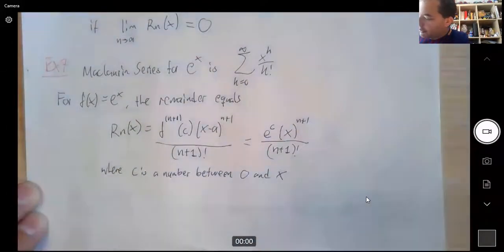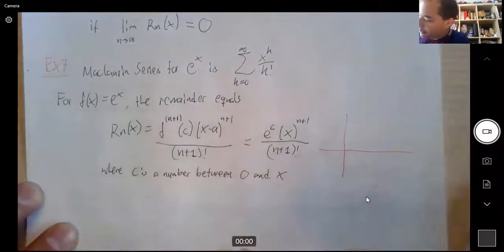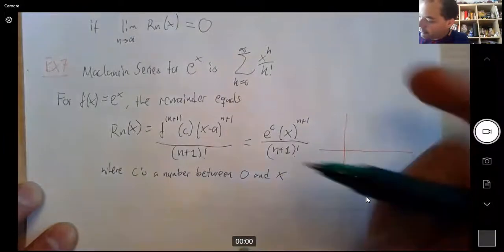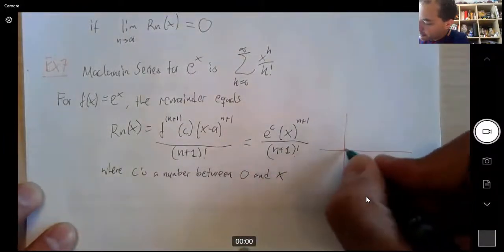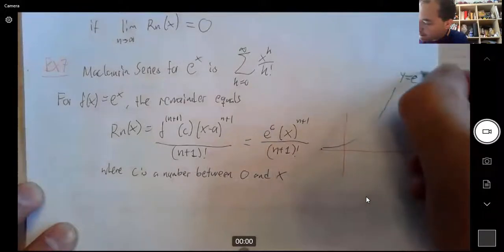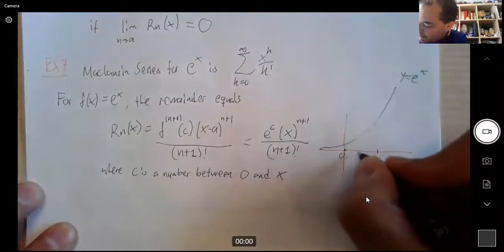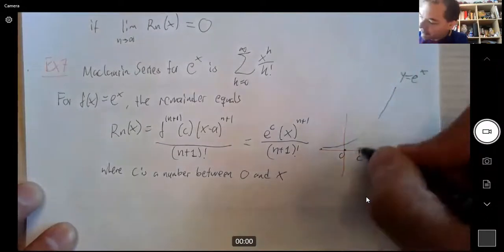So e to the c is an increasing function, right? So let me do a little picture here. Here's e to the x. And we are between 0 and x. So c is somewhere in between, right?